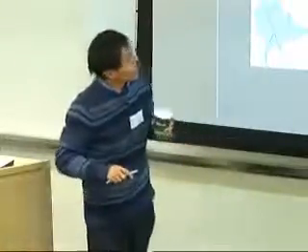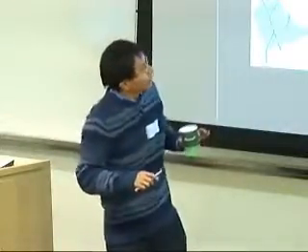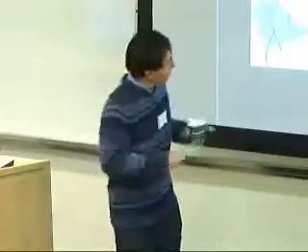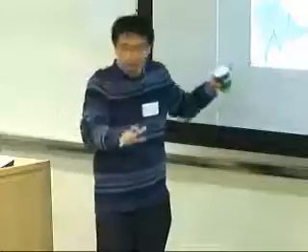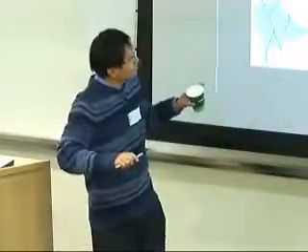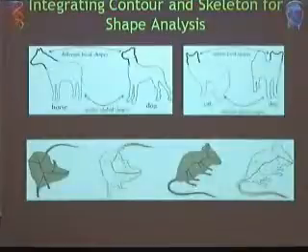And also, if we have highly articulated objects or non-rigid objects, the deformation is important, and it's hard to capture by local parts. So you see, these are two mice. They are viewed from completely different views, so the parts are different on the contours, but the skeleton information is more or less similar.